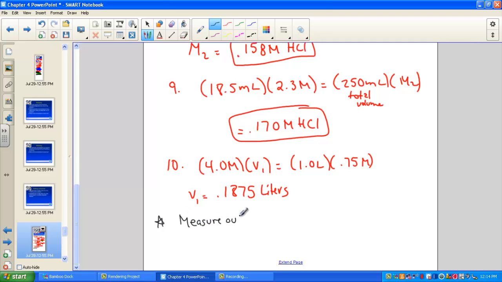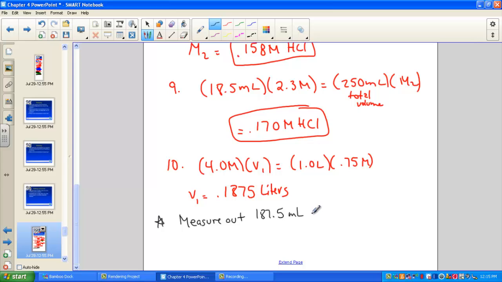Let's measure. 0.1875 liters is 187.5 milliliters, and I like that because that's what our graduated cylinders actually measure in, as mL. So the little marks on the graduated cylinder are matching the unit here now.